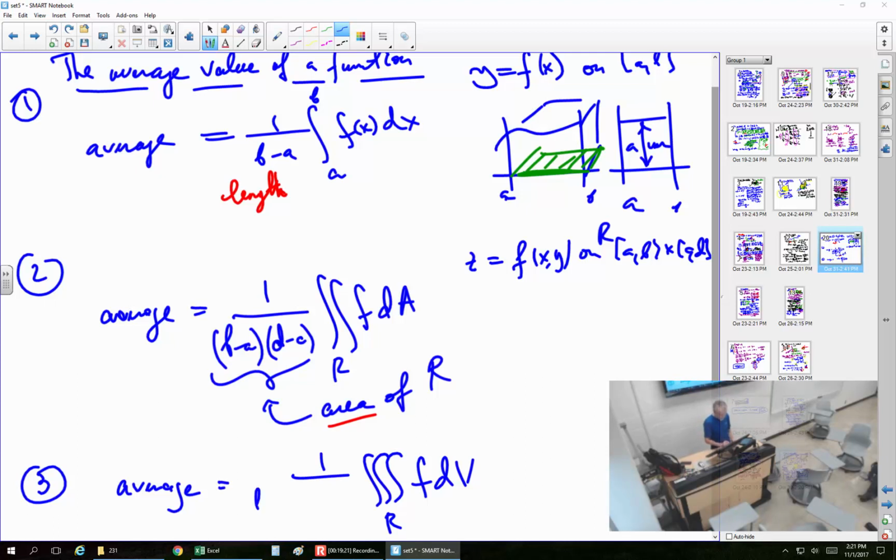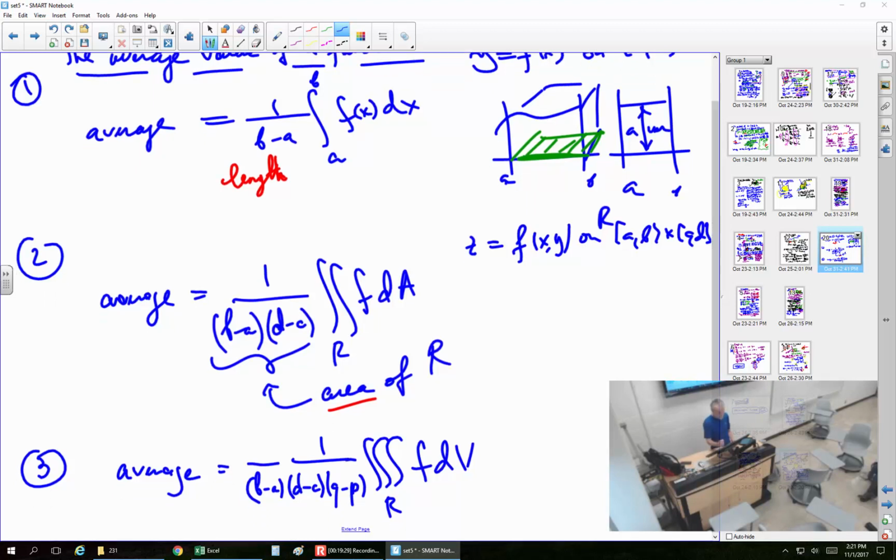It will be b minus a, d minus c, and q minus p, which looks more complicated than it deserves, because this is a rectangle, and this is a box, and I'm talking about the volume of the box.